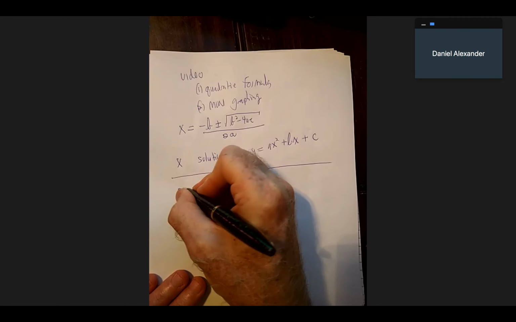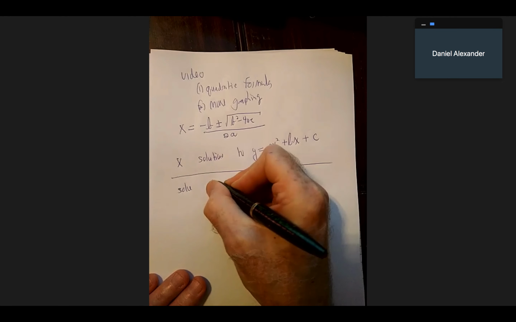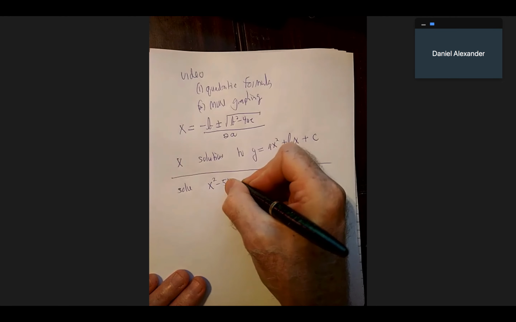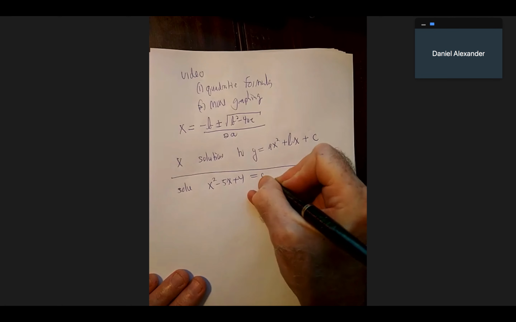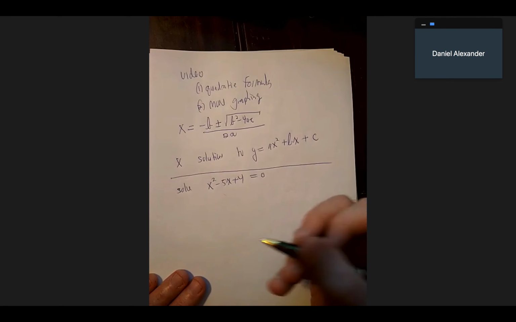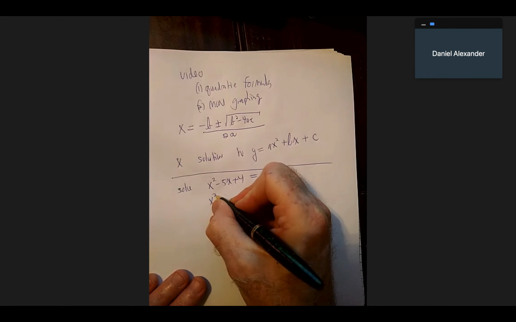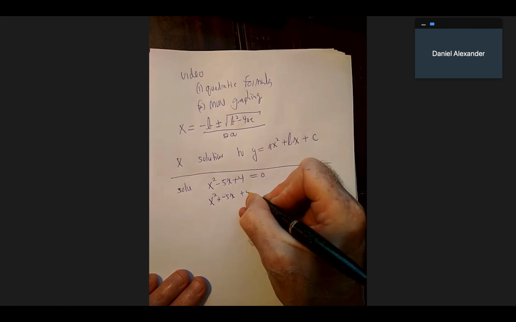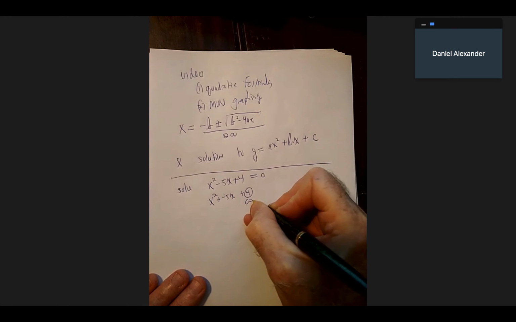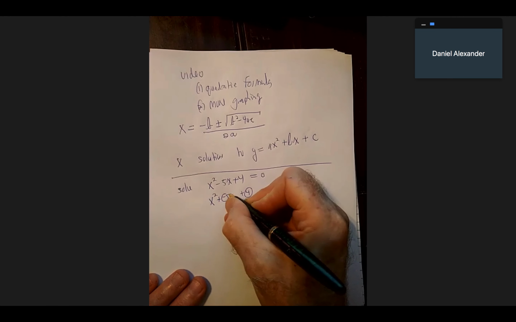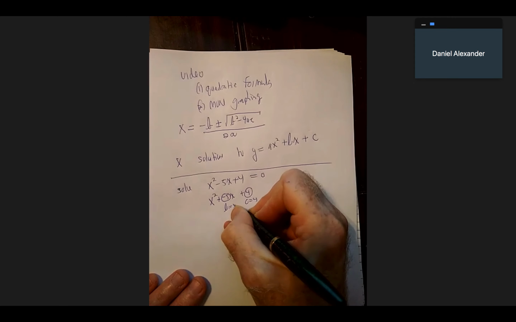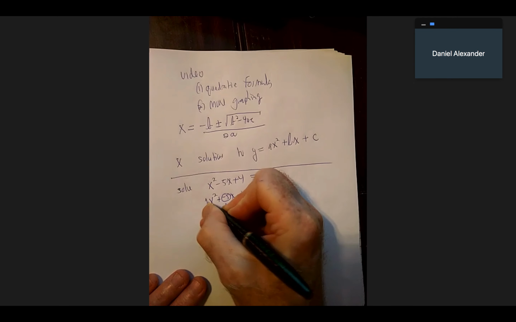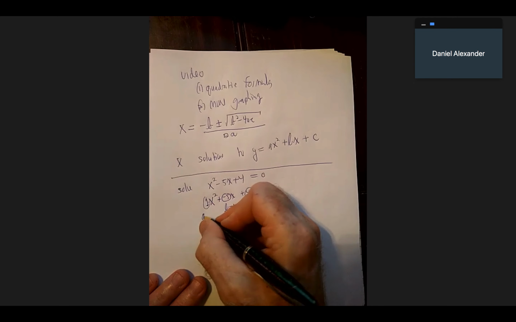So I want to solve x squared minus 5x plus 4 equals 0. So I need to identify a, b, and c. So x squared, it's going to be plus negative 5x plus 4. That's my c. My b is minus 5. And my a, really, remember there's a hidden 1 there, and so my a is 1.